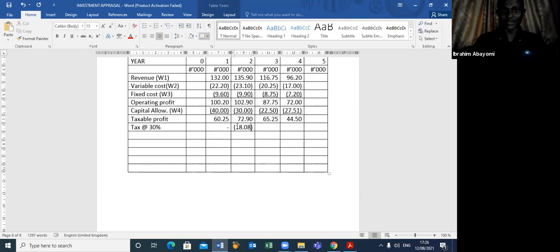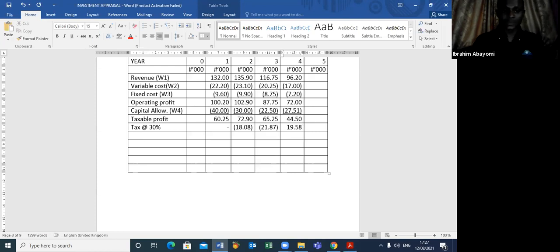The next one is 72.9 times 0.3, that's 21.87. The next one is 65.25 times 0.3, which is 19.58.